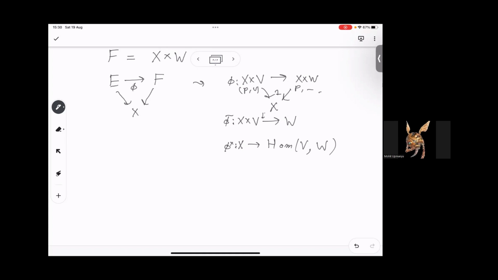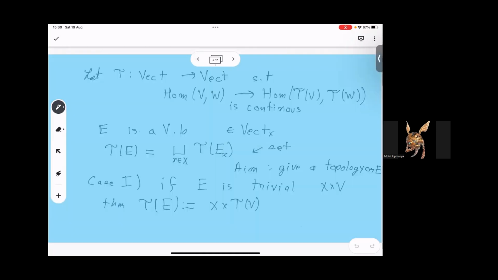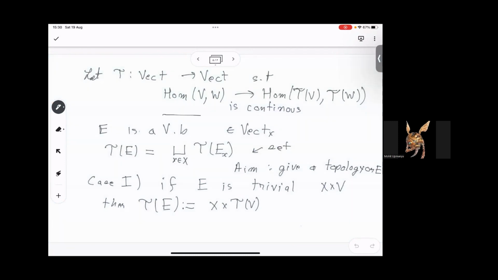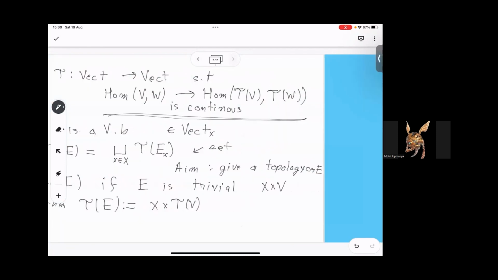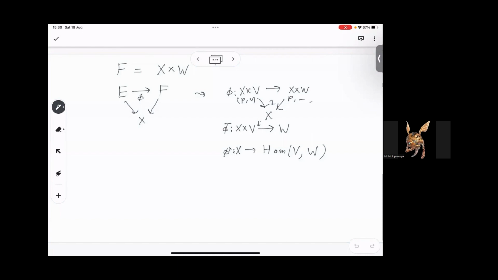Now we know that the functor is continuous, right? It has this property. So we use that property and compose this.